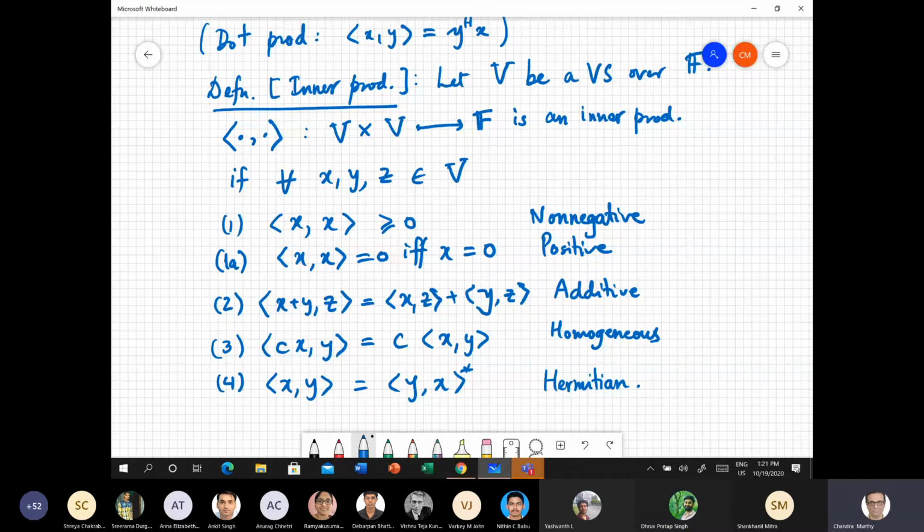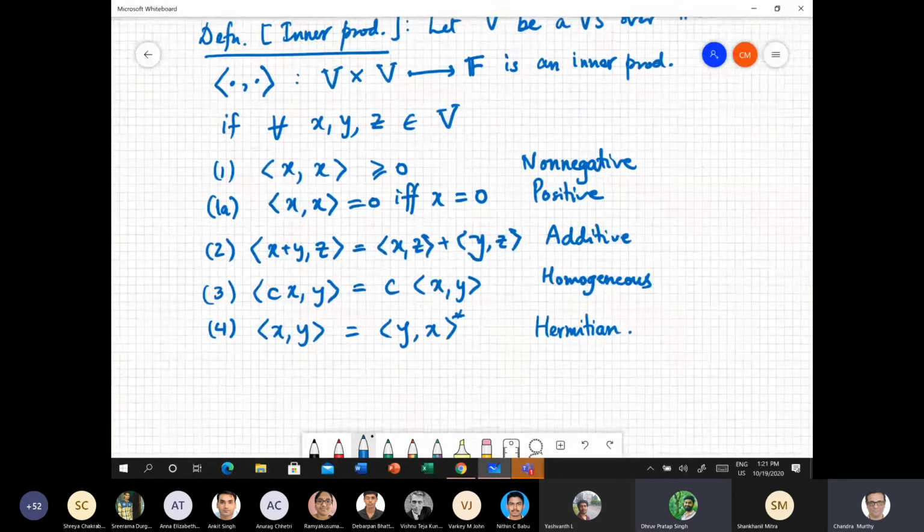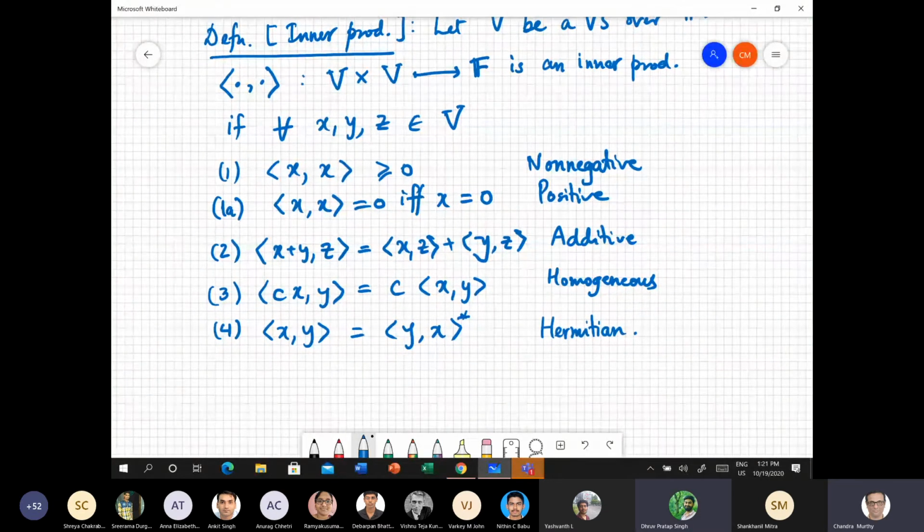The domain is V cross V. The domain is not V. You are allowed to pick two vectors from V. When you're allowed to pick two vectors, the input, or the domain, is a pair of vectors from V. That is denoted as the Cartesian product of V with itself. For example, when I define a norm, it's a mapping from V to F, because there's only one input vector that I need to calculate the norm. Here I have to take two vectors. Okay, sir. Thank you, sir. Yeah, just think about it for a minute. It'll be clear to you.